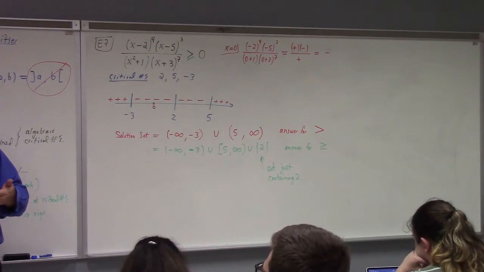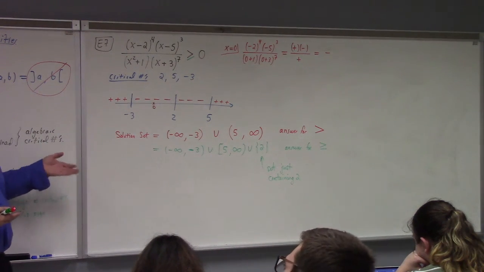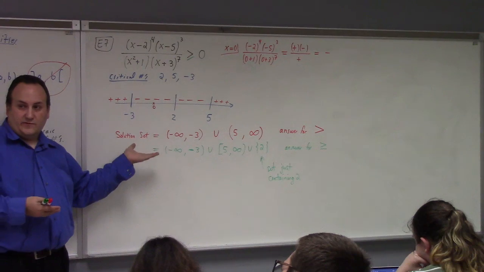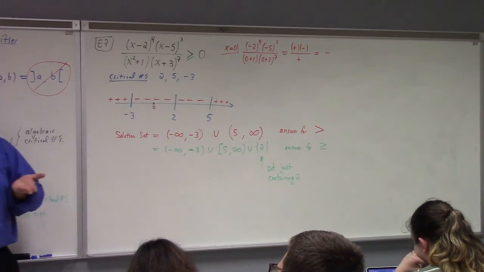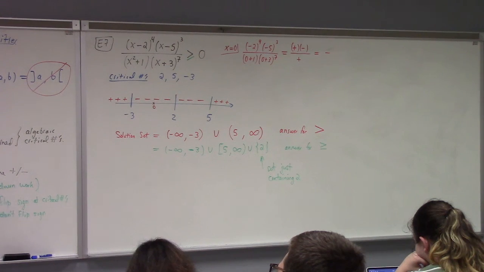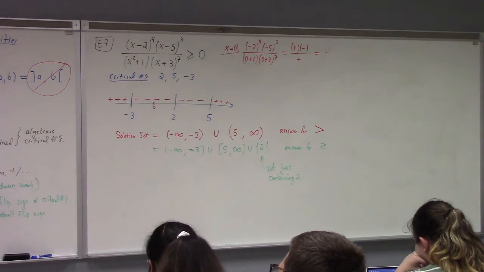Right? But it's so much simpler to identify the critical numbers, draw the number line, and sort through it like this with a diagram. Right? Did we need the diagram for examples 1 through 4? We did not, right? Those you can just solve, isolate for x. But when you have a nonlinear one, you need to use factoring and the number line idea, right?